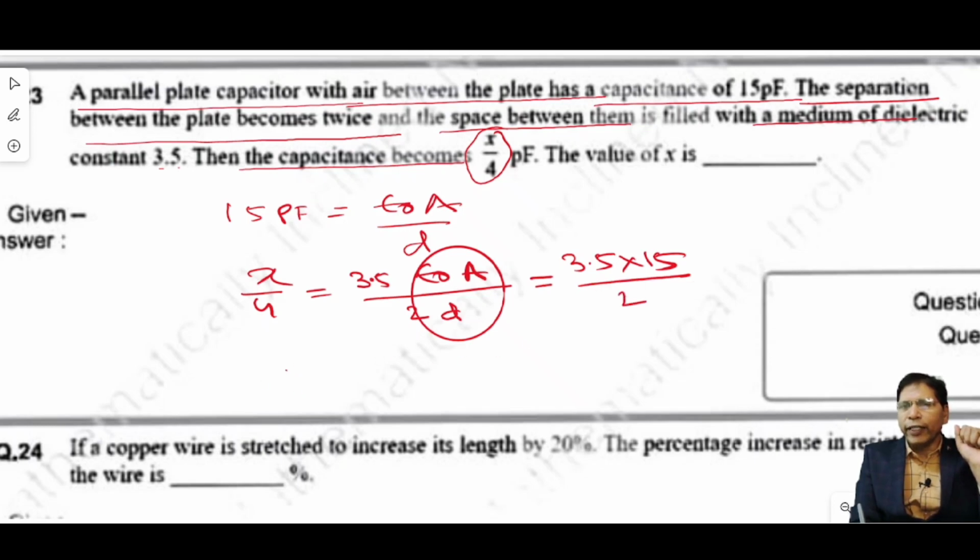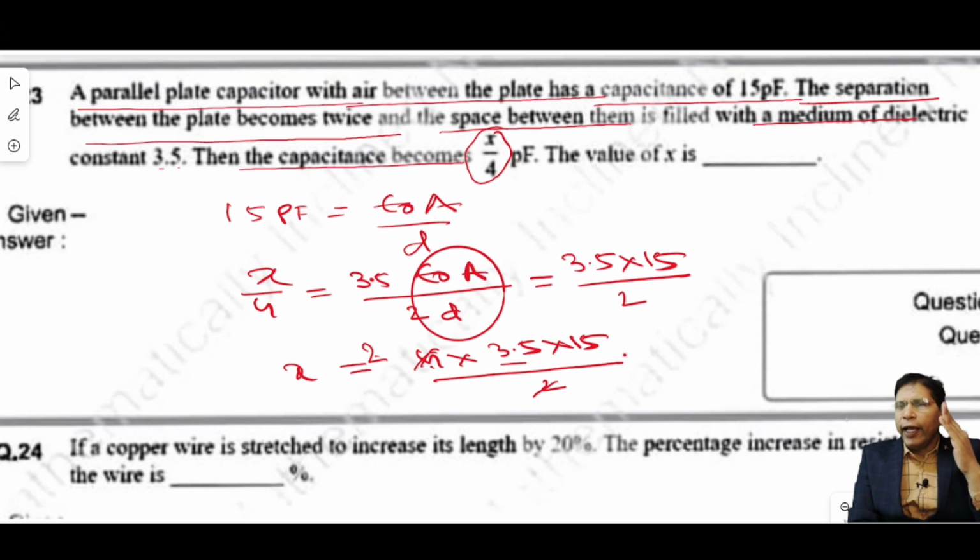So X equals 4 into 3.5 into 15 divided by 2. Now 7 into 2 is 14. Now 2 and 4, this is 2. Now 2 and 3.5, 7, and 7 into 15 is 105.